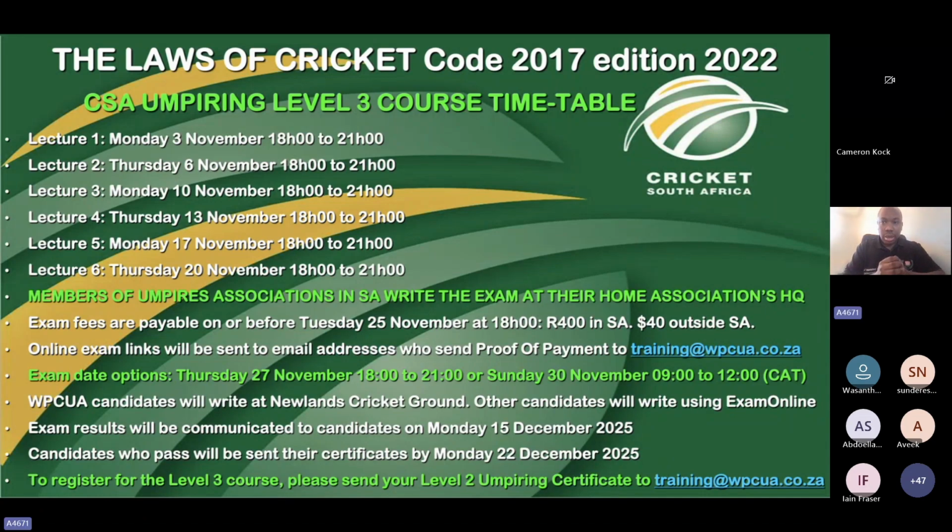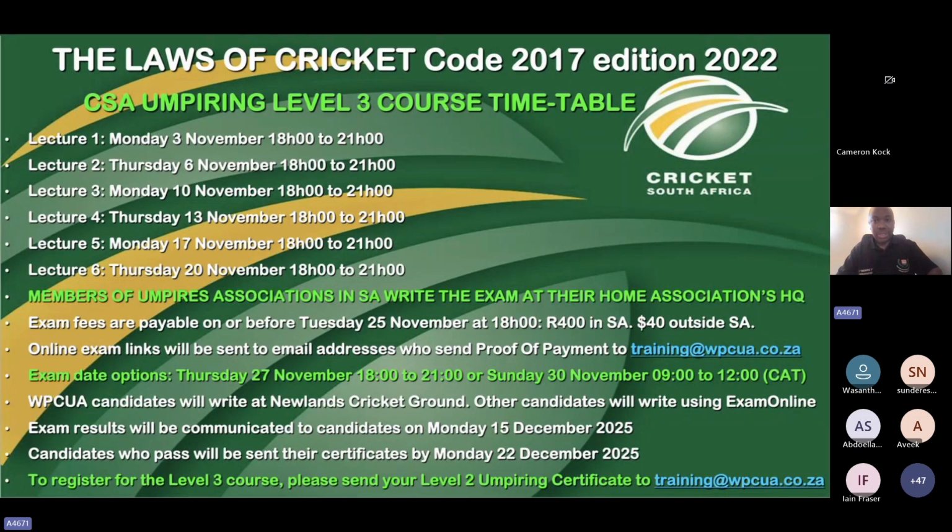In June of this year, Cricket South Africa put in a new regulation in terms of how to earn a Cricket South Africa Level 3 umpiring certificate. You need to be a member of an umpires association in South Africa, and that association will determine how many years of experience you need to be allowed to write the level 3 exam.